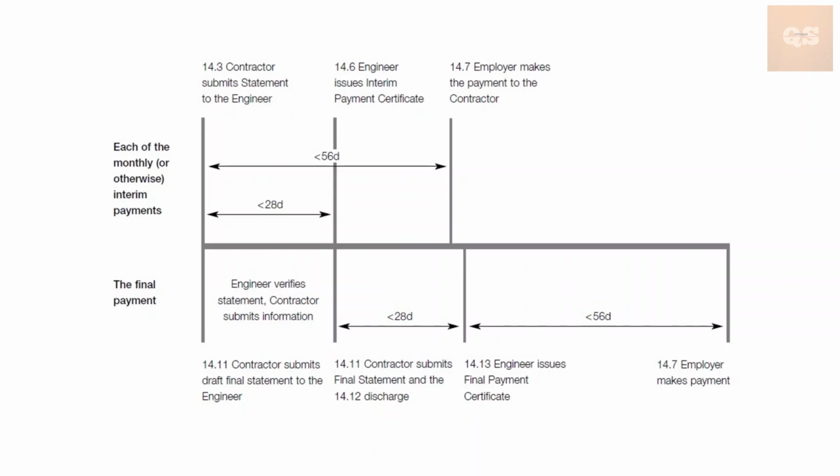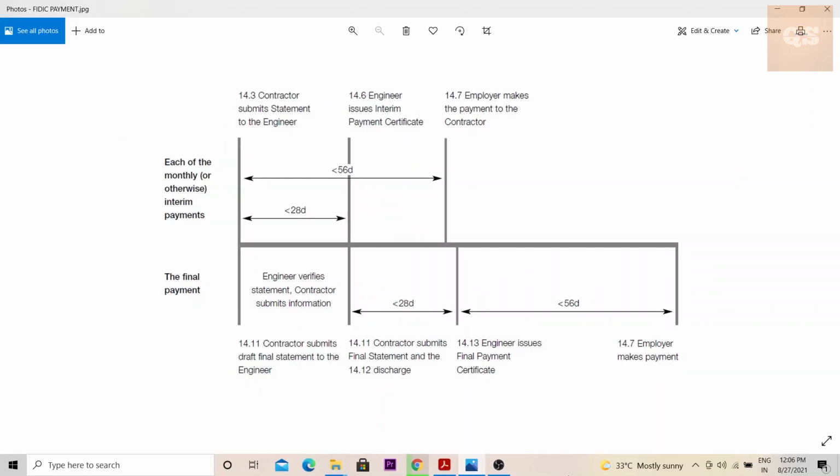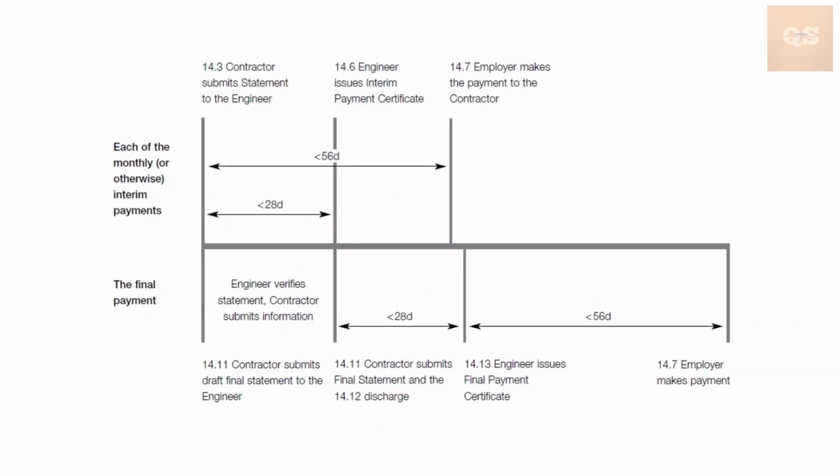One is the interim payment, or the monthly payments, that is submitted every month, and the other one is the final payment, which is submitted once the project is completed and the contractor prepares a final statement which will include all the details of the payments that need to be done, which includes the work related variations, the pending payments, the different claims, day works. So all these are included under the final payment and submitted to the client or the consultant once the project is completed. So let's see how the flow of these payments happen in FIDIC.